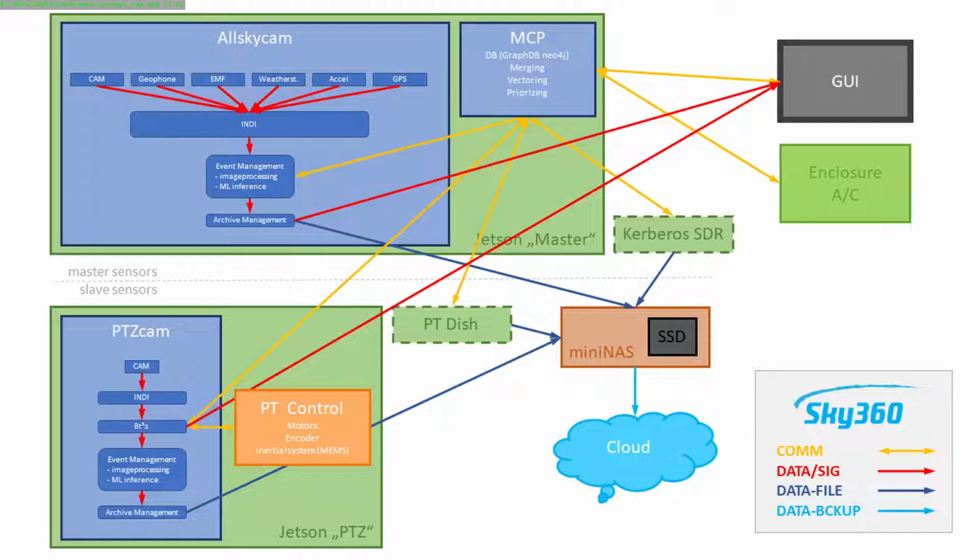Then we've got the enclosure air conditioning. We need that because the enclosure gets heated up by the sun, even if it's very cold outside. If it's freezing outside, the humidity can become dew and freeze on the electronics, and that's not good for them. So we have to keep it above 0 degrees Celsius.